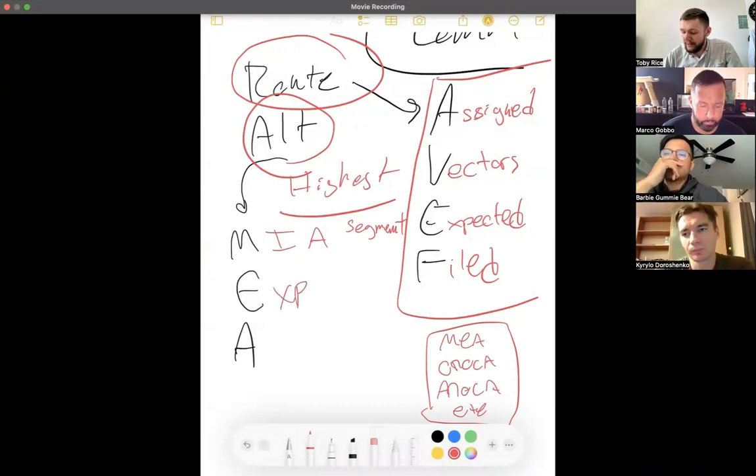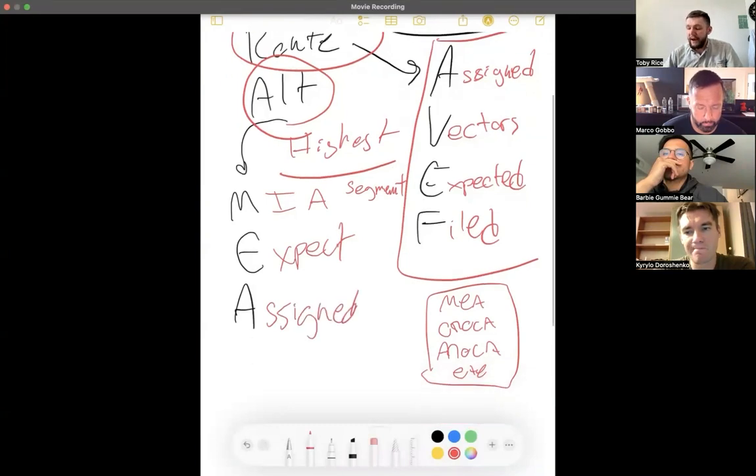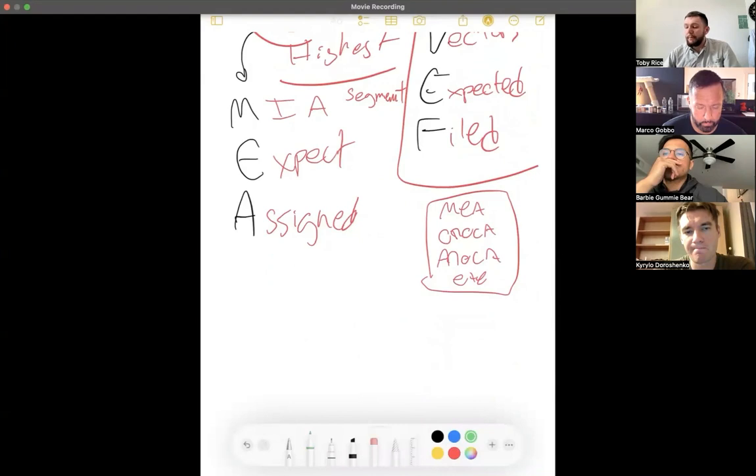So expect, and then assigned. Let's say air traffic control said maintain 3,000, expect 5,000 10 minutes after departure.